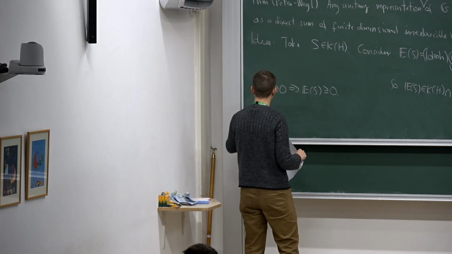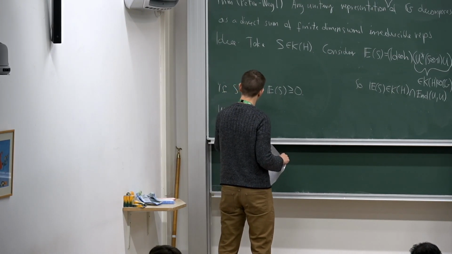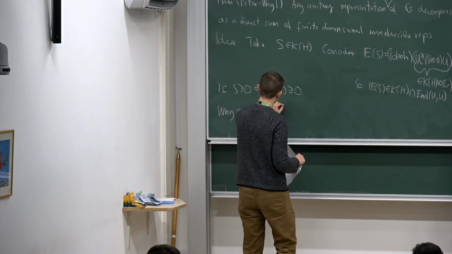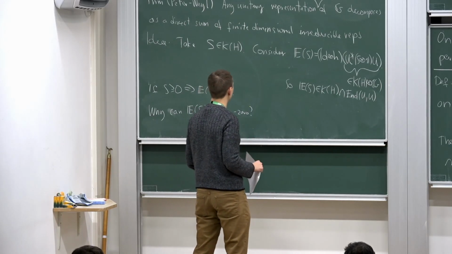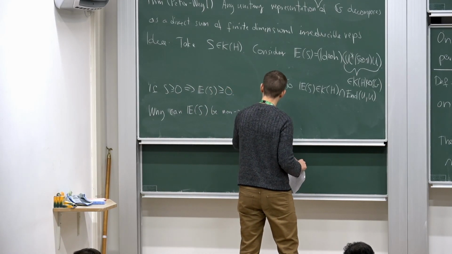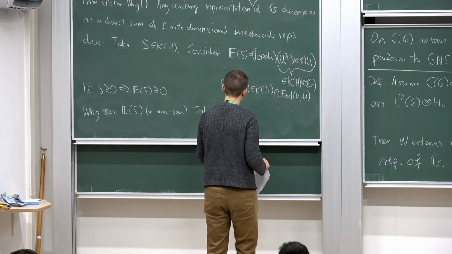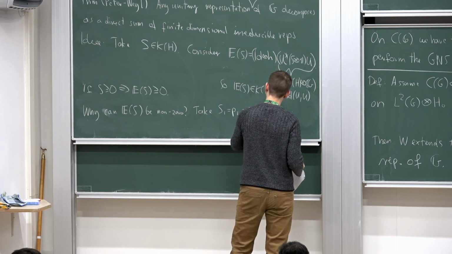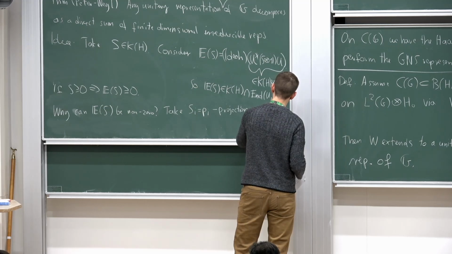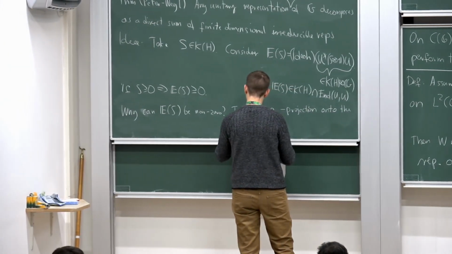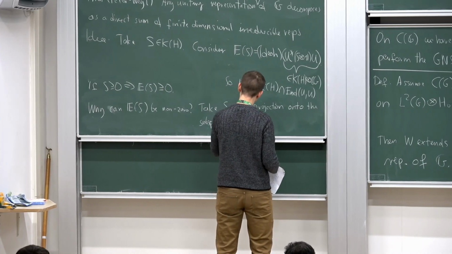Okay, so why can E of S be non-zero? The idea is to take a sequence S_n, which is P_n, the projection onto the subspace spanned by the first n basis vectors.